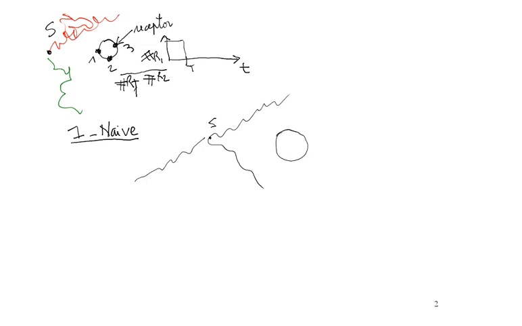So if you are interested in calculating the flux through this receptor, you can have trajectories that go very quickly, but some that are going to make very long excursions. And so we know that the mean first passage time to this receptor is going to be infinite.